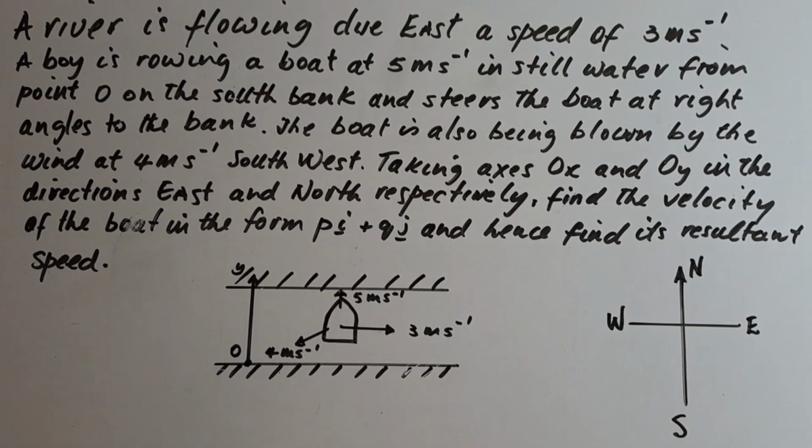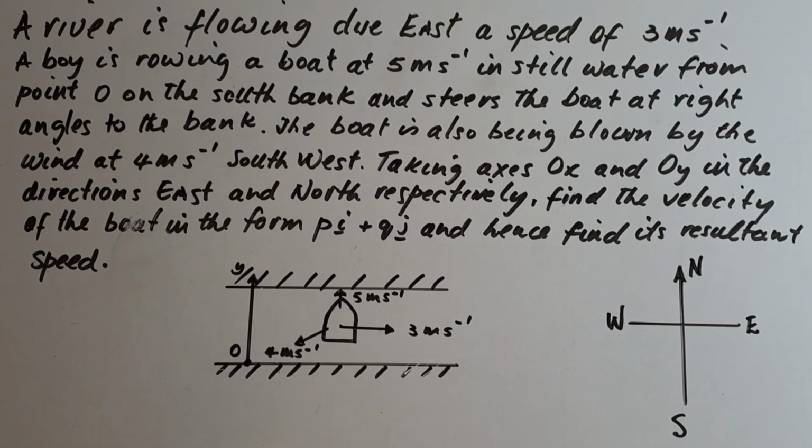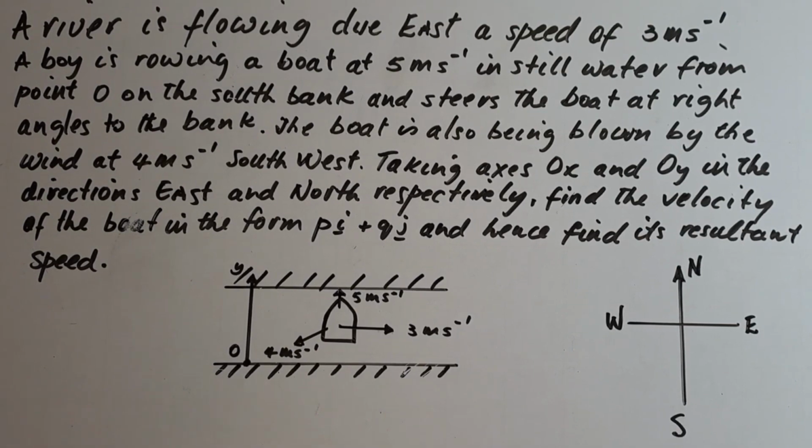A river is flowing due east at a speed of 3 meters per second. A boy is rowing a boat at 5 meters per second in still water from the point O, here shown on the diagram, on the south bank and steers the boat at right angles to the bank.